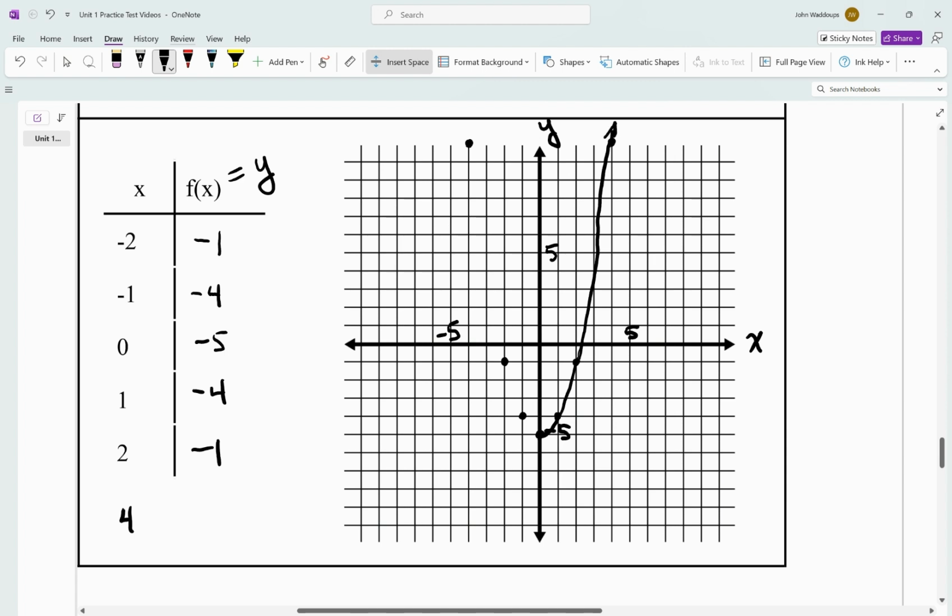That will continue on in that direction, and the same thing over here. And again, that goes on up. And that's what this looks like. It's called a parabola.